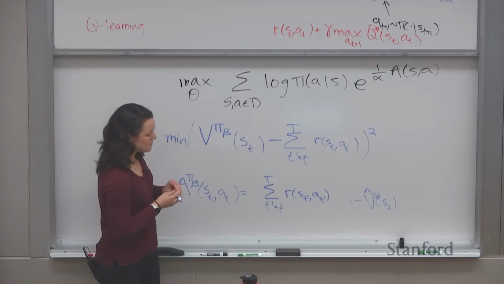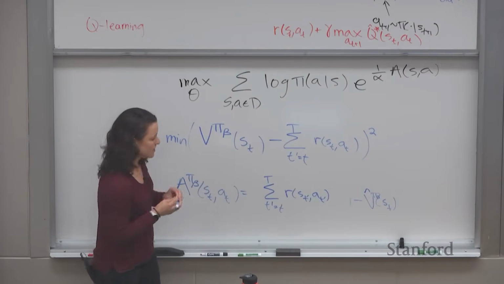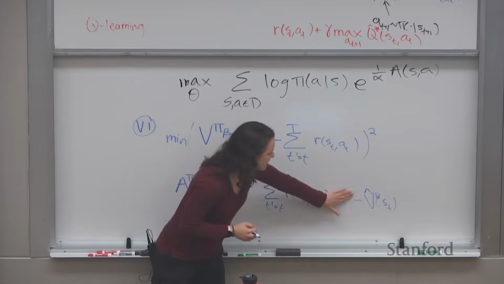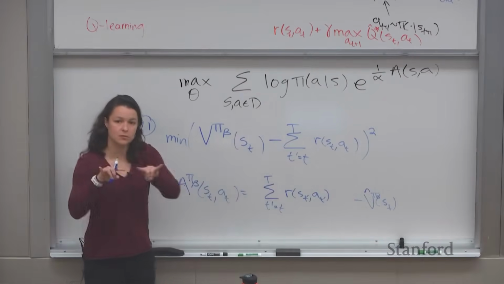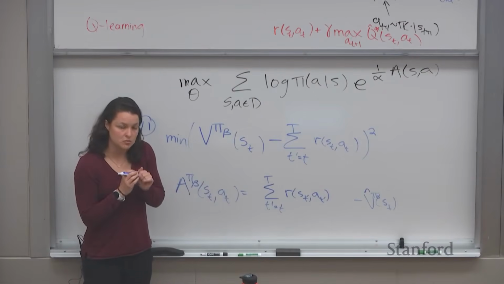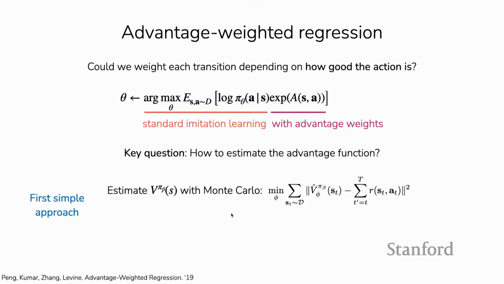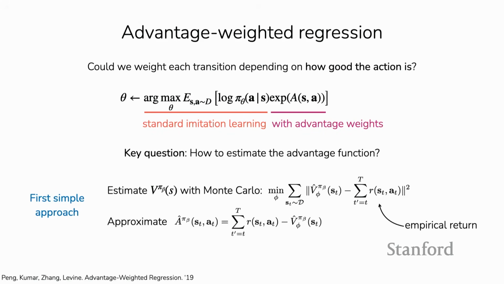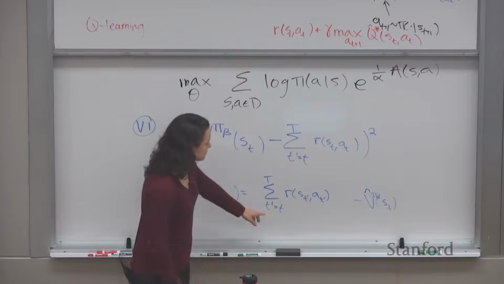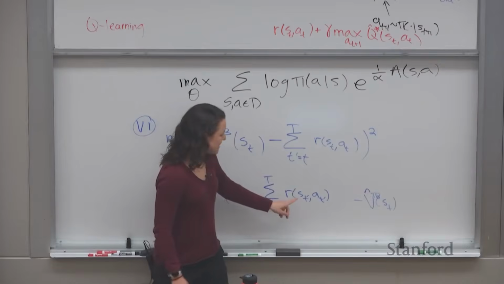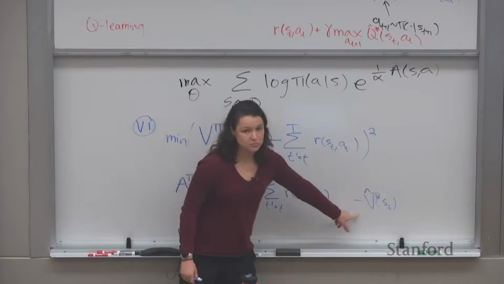This is going to be a little bit simpler and doesn't rely on having a good temporal difference between the two. Specifically, we can first estimate the value function by minimizing the difference between our value estimate and the sum of rewards. And then to estimate the advantage function, we can take the sum of rewards for that trajectory and subtract the value.